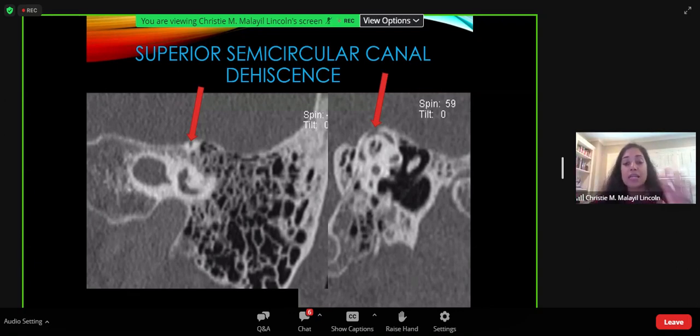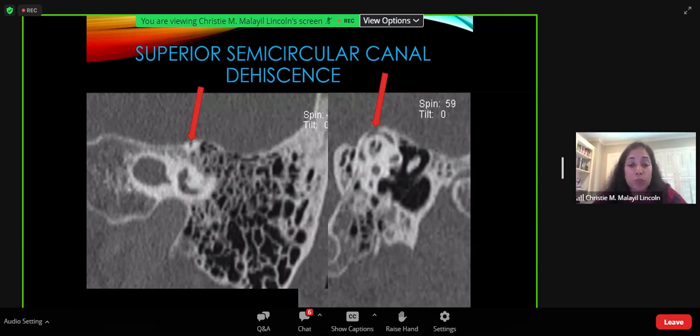Because as the stapes pushes inward, the covering of the third window pushes outward as well. And that causes slight movement of the perilymph. And that movement or pressure wave in the perilymph compresses the endolymph within the membranous semicircular canal. And the brain interprets that motion of the endolymph as movement of the body. And so the patient feels dizzy.